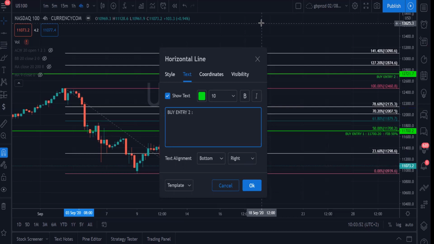And the buy entry 2 is going to be at 11,879.70. And how I got that, I use my Fibonacci, 61.8%. And I click OK.